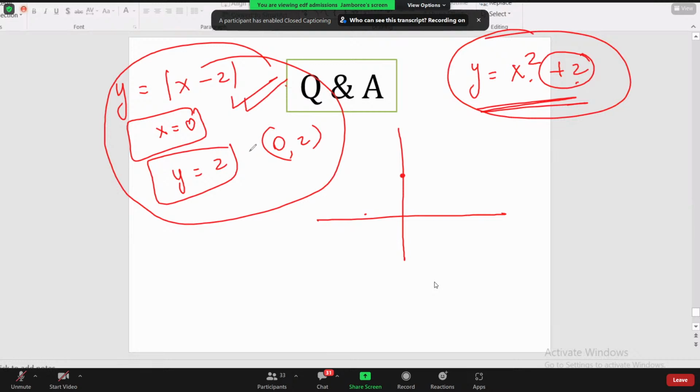But if it is x plus 2, if x is equal to 0, y will be 4, yes, sir? If modulus of x plus 2, it will be (0, 4), yes, sir. X plus 2 you are saying? Yes. So that will be (0, 4)? Why? Just before, you were taking the value of x as 0.